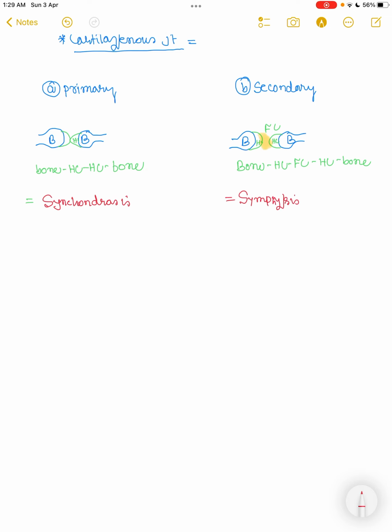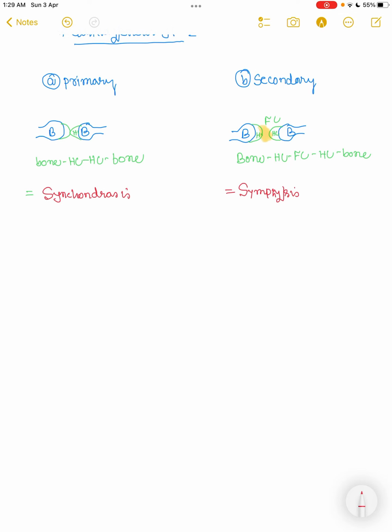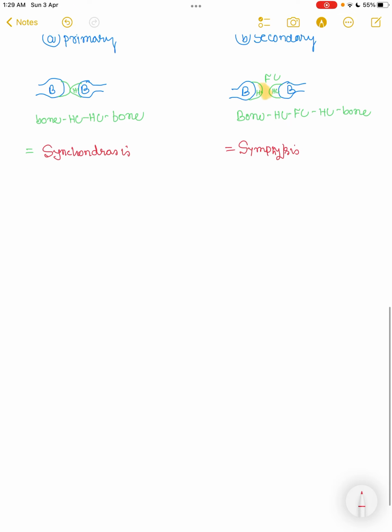Just remember, the secondary type is always present in the central line of the body. Suppose in the center, we know this is the manubrium, this is the body, and this is the xiphisternum.